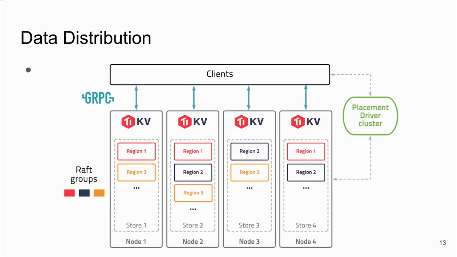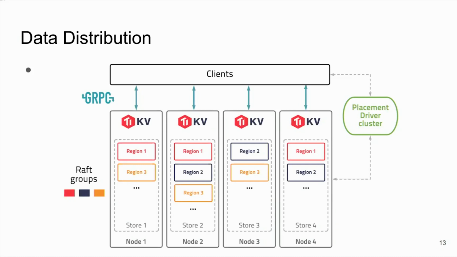In general, both CockroachDB and TiDB try to partition the data by ranges, and the unit of their partition is called a region or range, and this region or range is replicated into multiple copies using Raft. Each region has its own Raft group, and the application is composed of multi-Raft, which is a group of Raft groups.